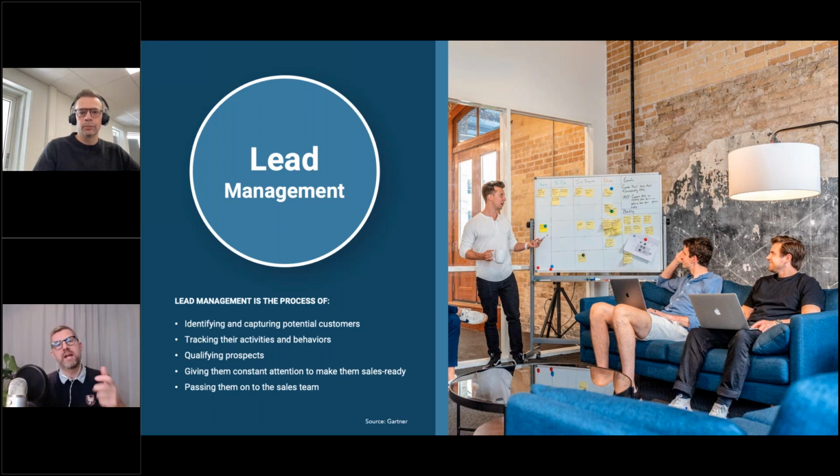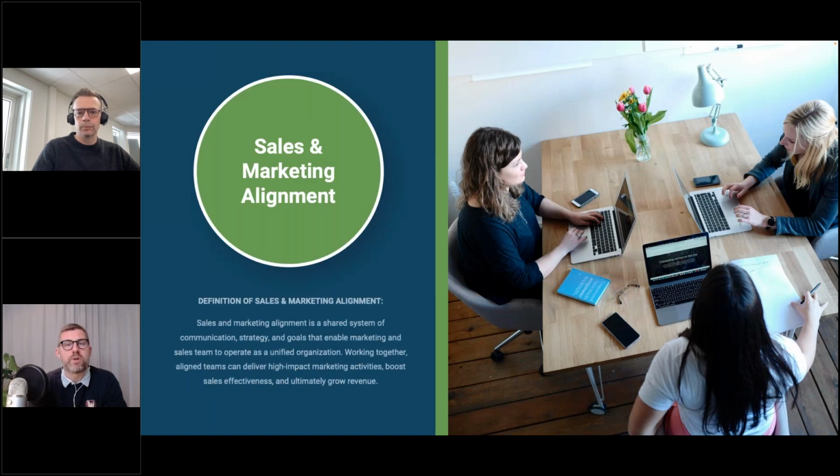So nurturing them, handing them over to sales, qualifying them, making sure that everybody is aligned with what's going on with the leads that are in your portfolio, in your campaigns. And then lastly, aligning so that we are sharing one point of truth, if you will, one place where the behavior of leads and customers can be seen and be followed without needing to jump between different systems is what this is all about.